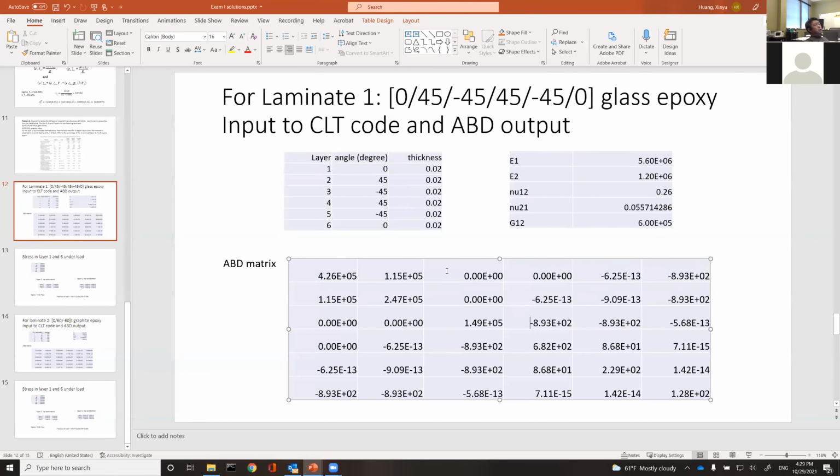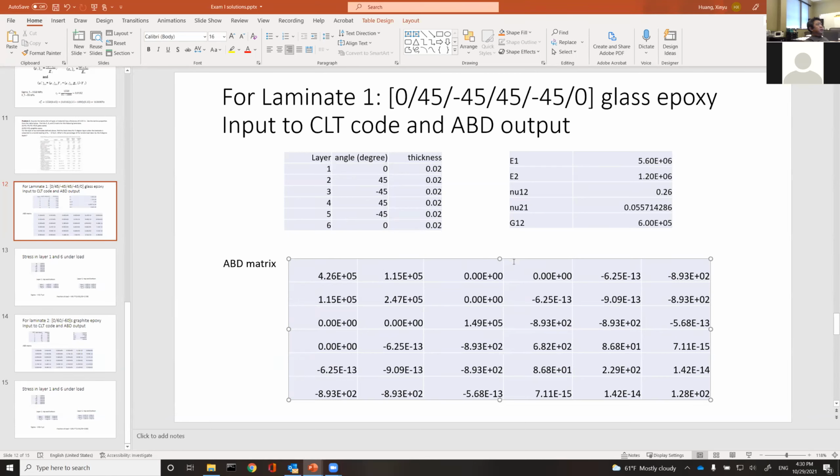Since I input with PSI and inch, this will be the corresponding. This must be PSI. These units are complicated. It has to do with the curvature. Curvature should be 1/inch now. So these are some compatible units with the pound inch system, whatever it is. My code is unit neutral.